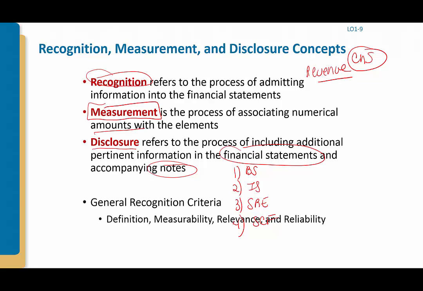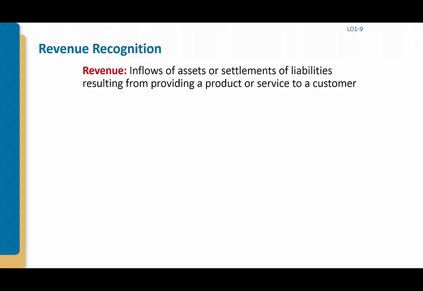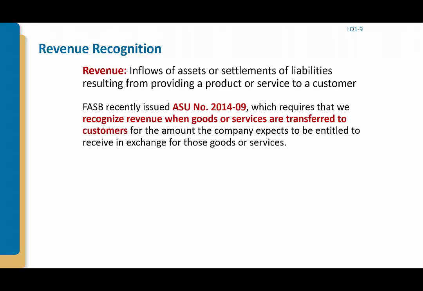So the general recognition criteria: we have to define each element, measure it, and decide if it's relevant and reliable. For revenue, it's basically when you're having inflows of assets or settlements of liabilities. FASB just issued this accounting standards update, which basically says that revenue is recognized when goods and services are transferred to customers. Again, they are transferred to customers.